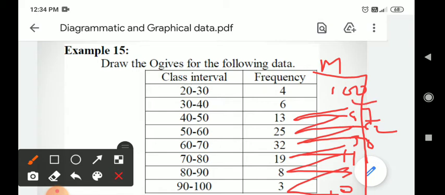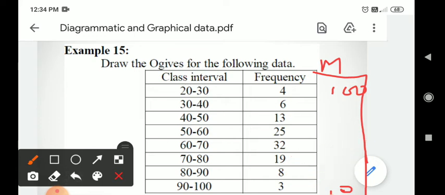So you have to keep on adding. Start with 0 here. In the previous less than, what we did was we started with 0 here at the top. See, simple it is.